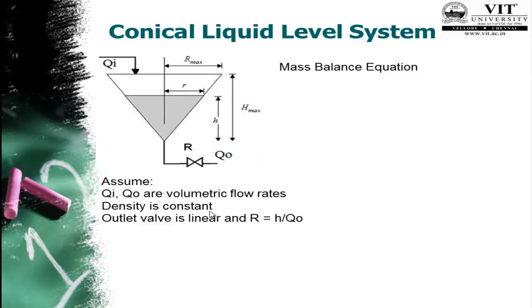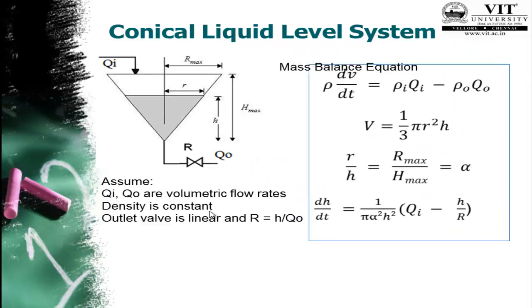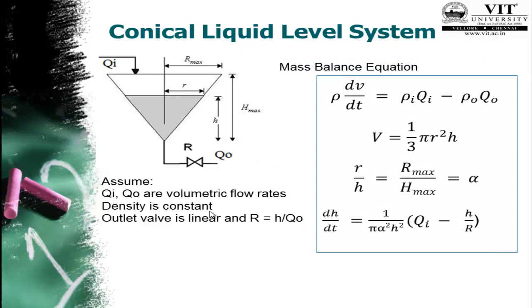So we can write the total mass balance equation like this. Since the cross-sectional area of the tank is varying with respect to h, we cannot separate out the area parameter here.